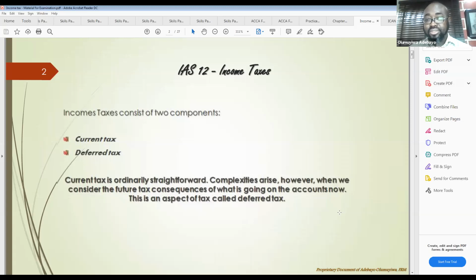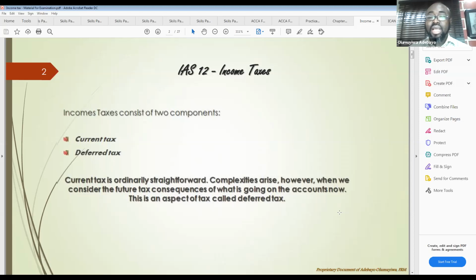But conversely, deferred tax tends to capture what is left out by current tax. Now, the totality of a tax impact is not necessarily recognized by current tax. Current tax only recognizes the actual amount required to be paid based on the requirement of the law.